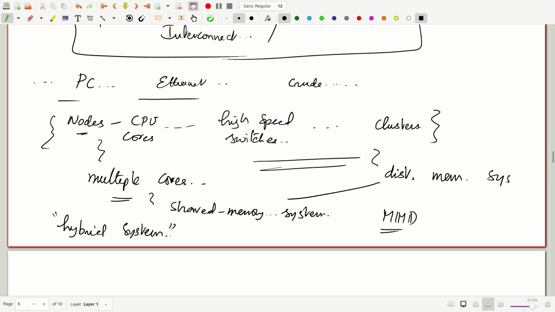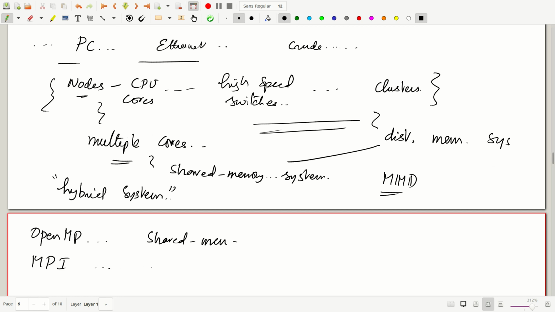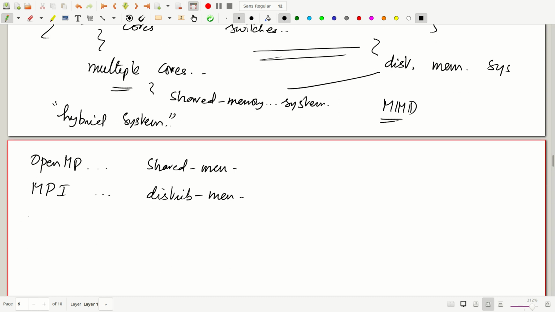In this course, we are going to learn OpenMP, which is basically for shared memory systems, and we're going to learn the Message Passing Interface, that is MPI, which is basically for distributed memory systems, and you're going to learn OpenACC, that is for running your jobs on graphic processing units. So those are the three main things we're going to learn in this course. That completes Flynn's taxonomy, or the classification of computers.